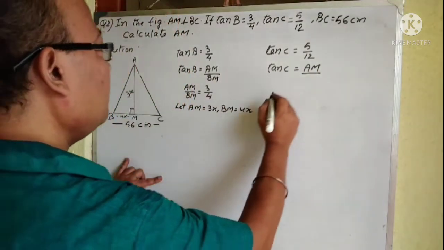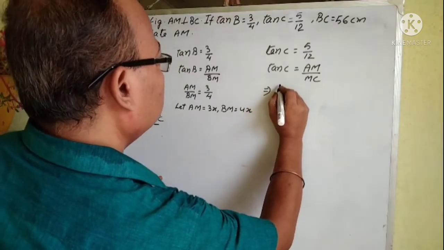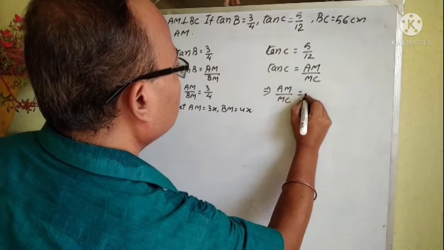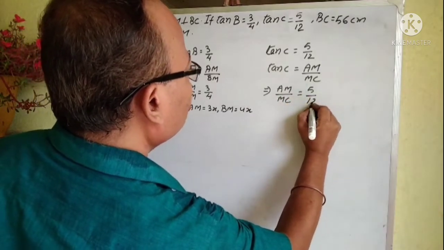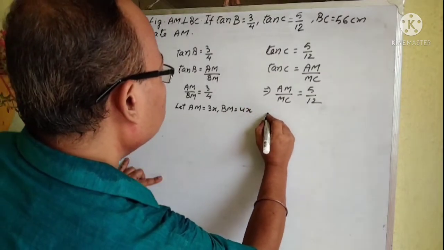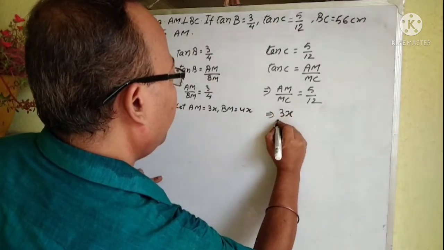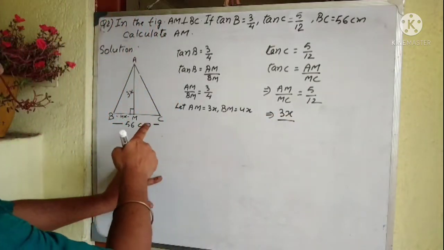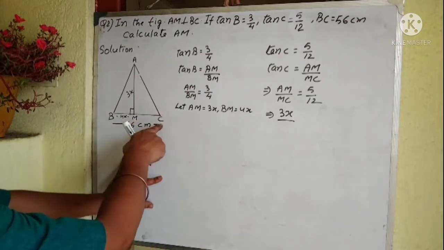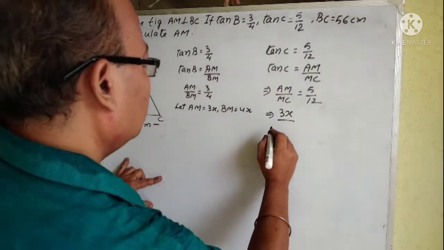So AM by MC is equal to 5 by 12. Now AM is how much? AM is 3x, and MC you can write as 56 minus 4x. Is it clear?